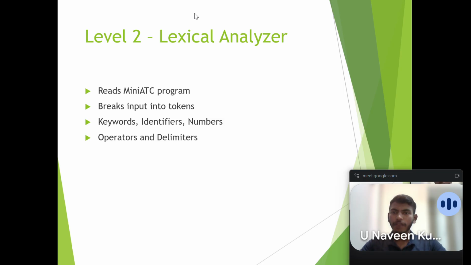Next point, keywords, identifiers, and numbers: the lexical analyzer identifies the token type. Next, operators and delimiters, meaning symbols like plus, equal to, semicolon, and open or close brackets.